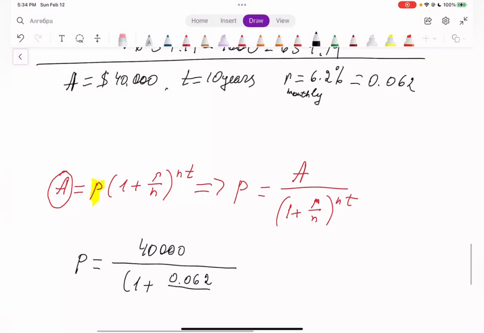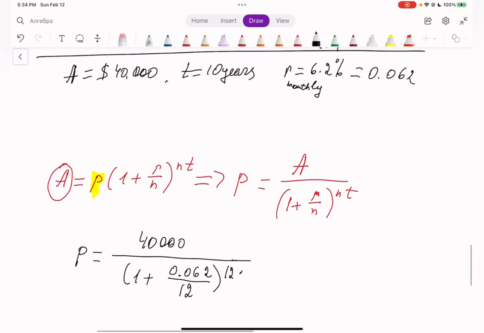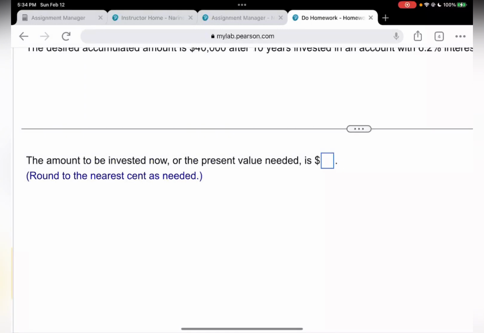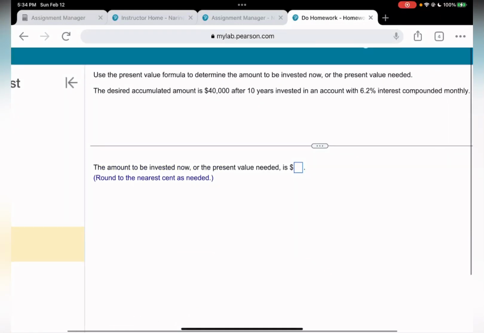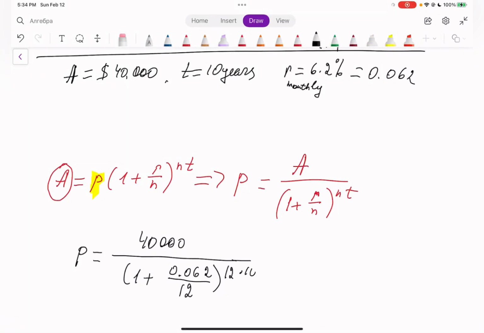Since it's monthly, every year is 12 months, so we divide by 12, and raise to the power n, which is 12, times t, which is 10 years. Yes, 10 years. Very good. All right, let's solve it.